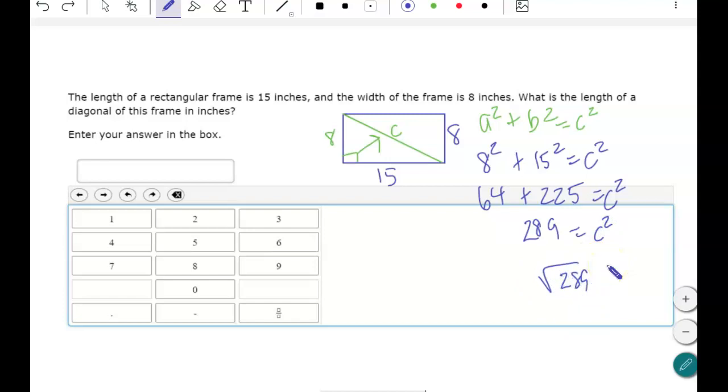Now, if you know it, that's great. If not, just pop that into your calculator and do second x squared, 289, and you get 17. So c is equal to 17. So you would enter this by pressing the 1 and the 7 for this type.